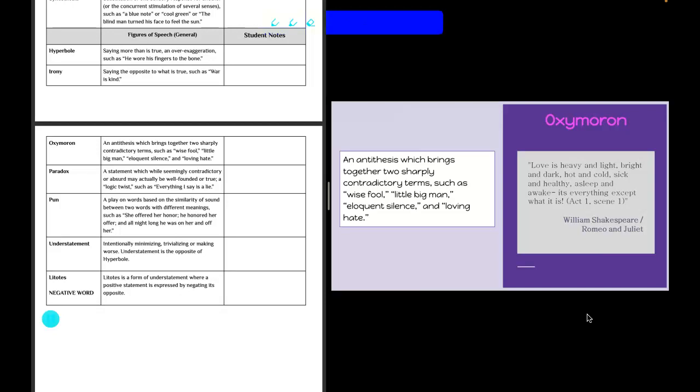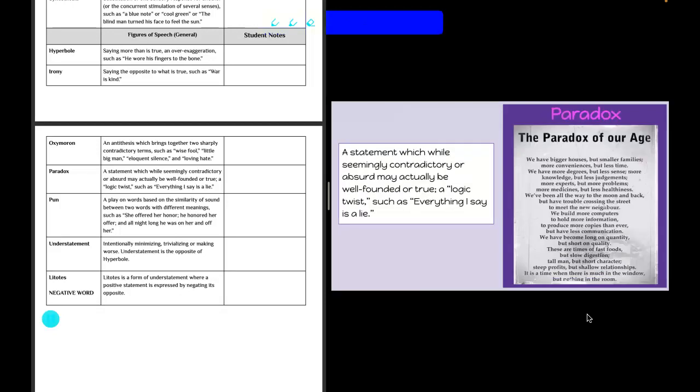And here is an example from Romeo and Juliet. Love is heavy and light, bright and dark, hot and cold, sick and healthy, asleep and awake. It's everything except what it is. And you will discover as we read Romeo and Juliet that Shakespeare uses oxymoron frequently throughout this piece of writing.